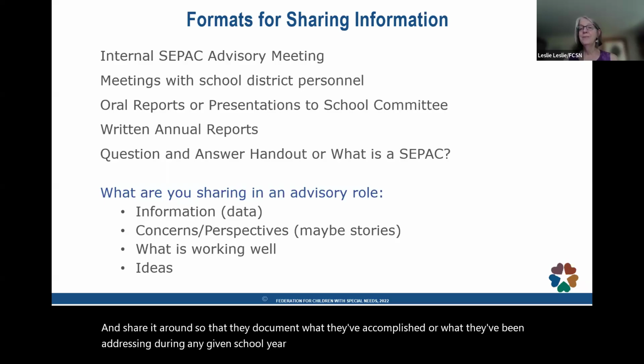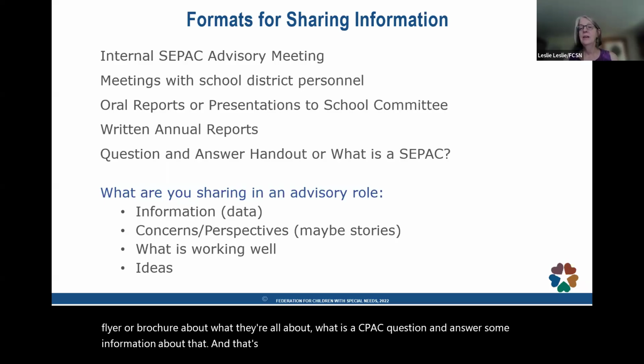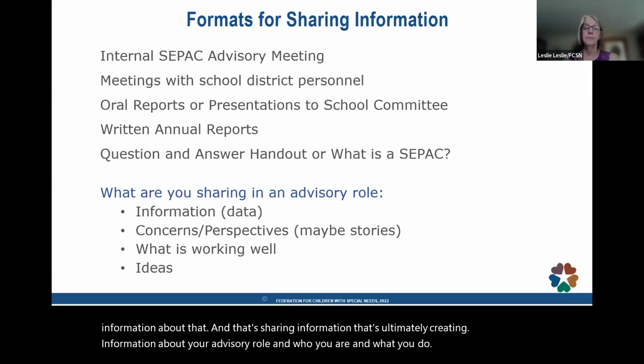Some CPACs create some kind of a flyer or brochure about what they're all about. What is a CPAC? Question and answer, some information about that. And that's sharing information. That's ultimately creating information about your advisory role, and who you are and what you do.